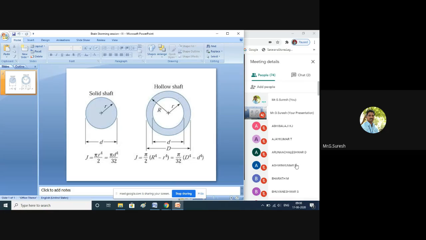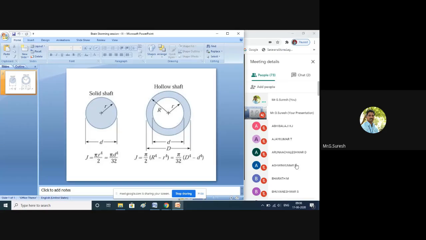So when the polar moment of inertia of the body or the shaft is high, its torsional resistance is high, sir. That's why polar moment of inertia plays the vital role. Yes, that's what you are coming to say now. Is it correct?